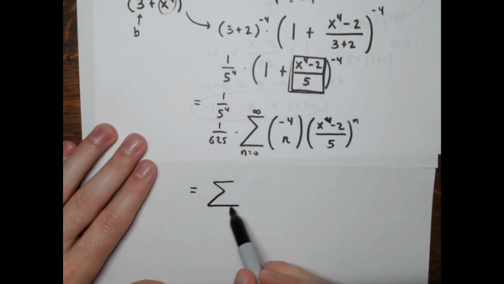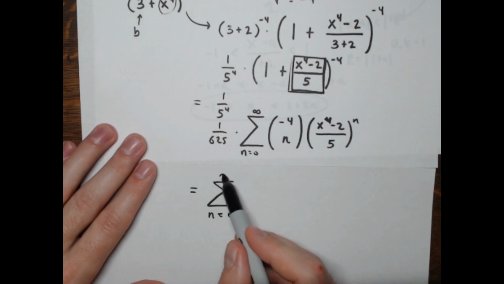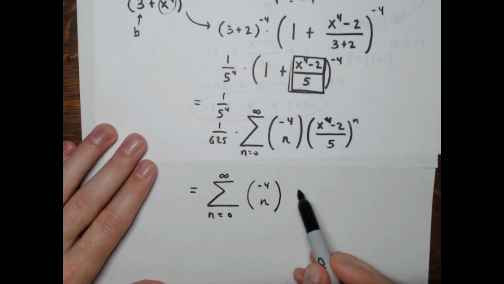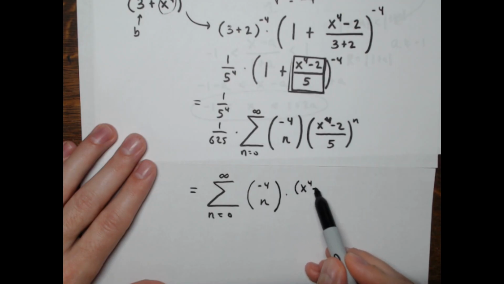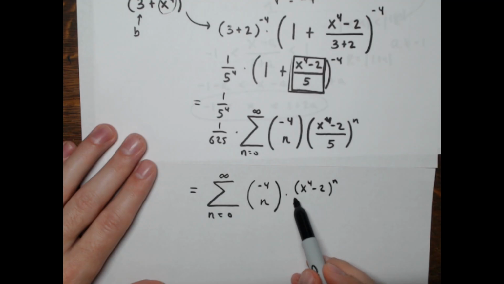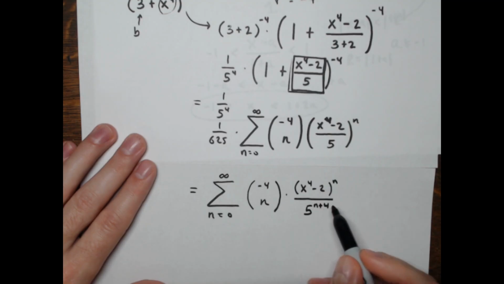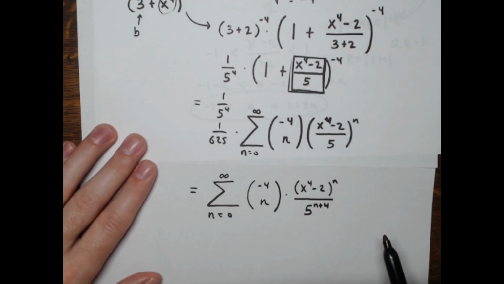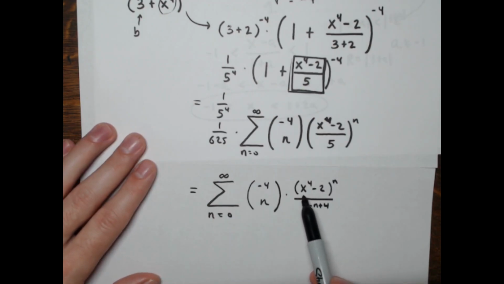I can write this as the sum n equals 0 to infinity of negative 4 choose n, times x to the fourth minus 2 to the nth, over 5 to the n plus 4, because the 5 to the nth, and then times 5 to the fourth, is 5 to the n plus 4. I think this is what they want you to do.